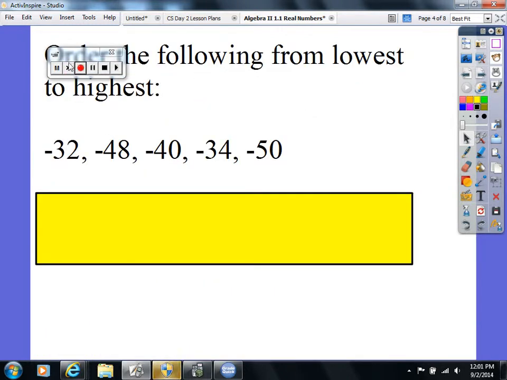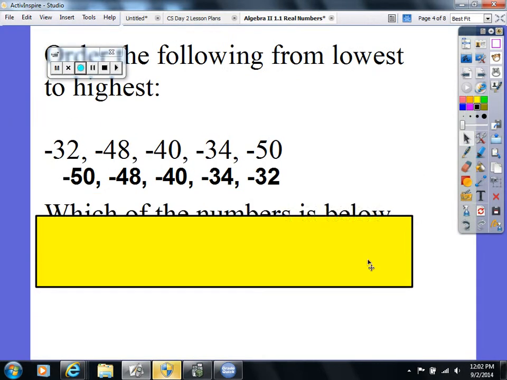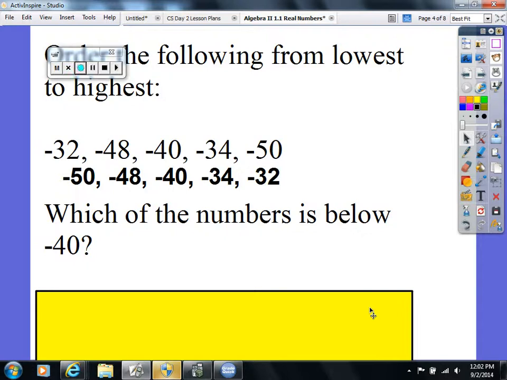Next thing we're going to do is order these from lowest to highest. The way we do that is we find the smallest negative number, which is -50. Then we do -48, -40, -34, and -32. Now ask yourself, which of the numbers is below -40?